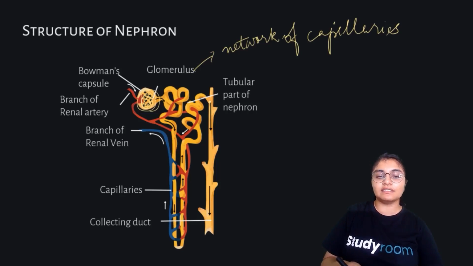The urine that is produced is collected in this collecting duct. They go through this process of filtration through all these ducts, and the urine that is produced is collected in the collecting duct, and is further transferred into the ureter and the urinary bladder and is excreted out through the urethra.